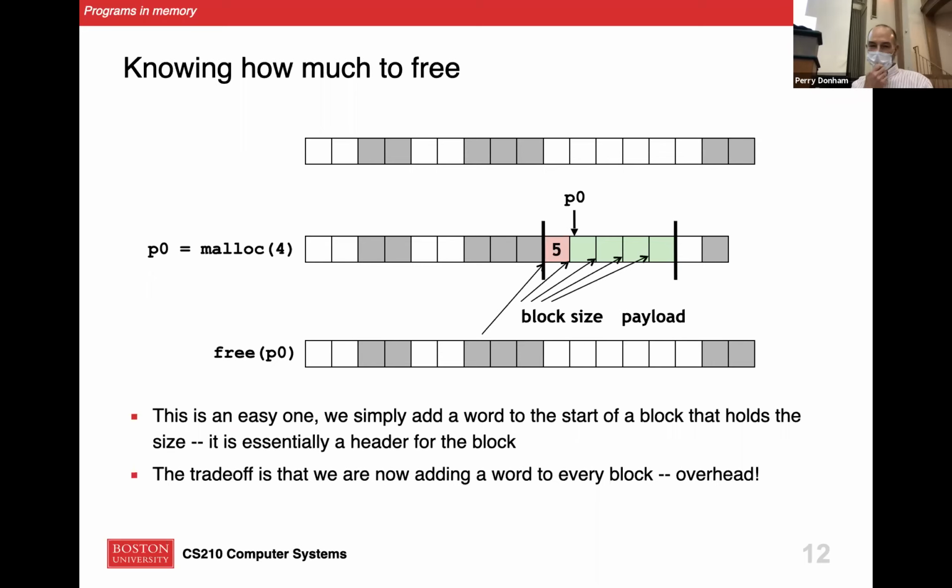How about the free blocks themselves? In this picture, here's a bunch of free blocks, and here's a bunch down here that were just freed. How do I keep track of the free blocks? How do I know which one is free and which one is allocated? I need to keep more information.